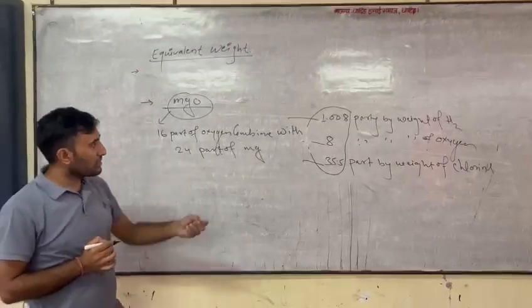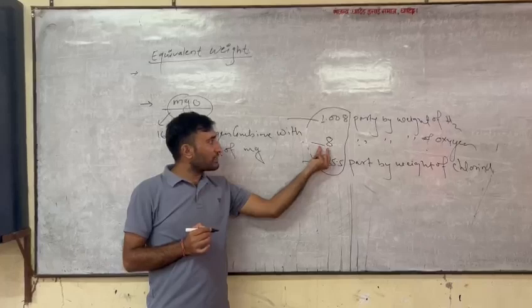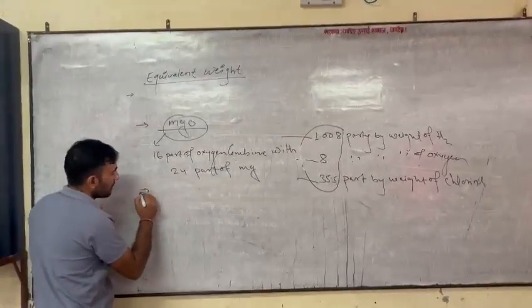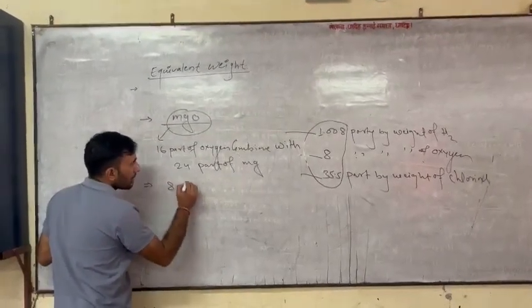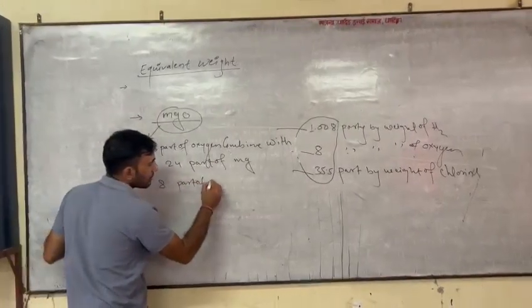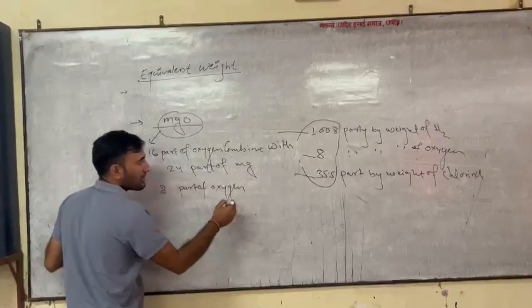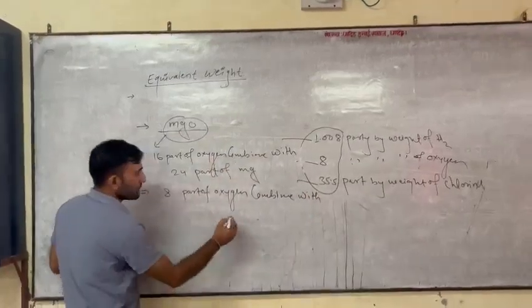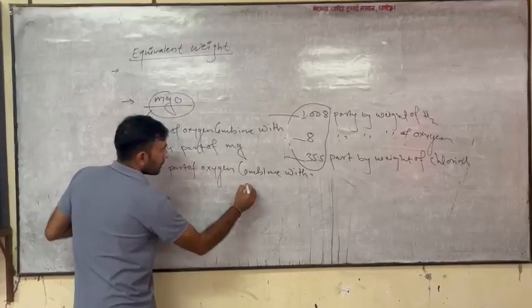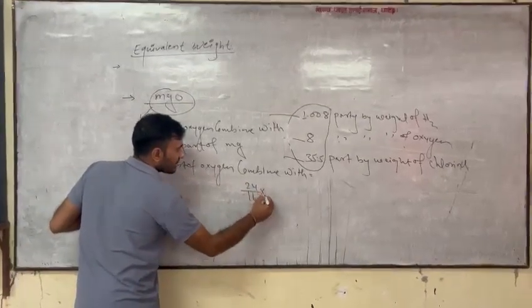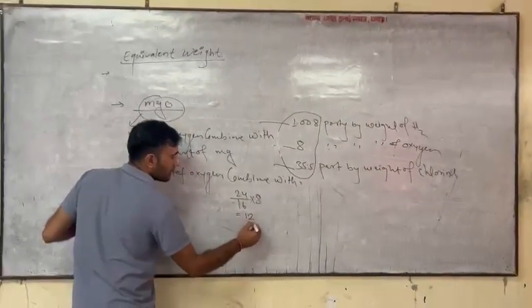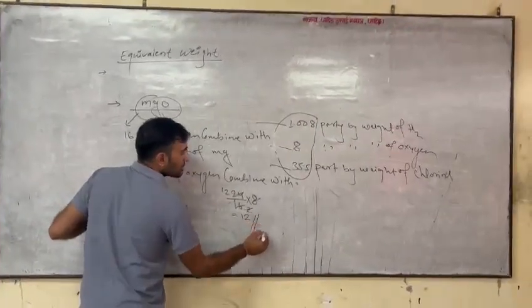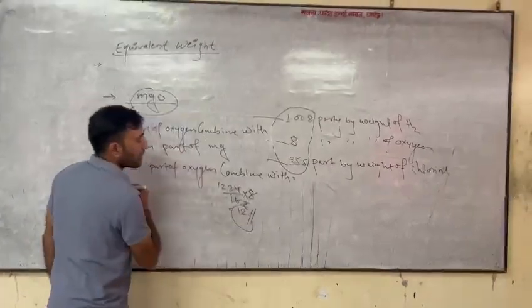Then according to the definition, when we find the weight of magnesium combined with 8 part of oxygen, it is 24 upon 16 into 8, that equals 12.